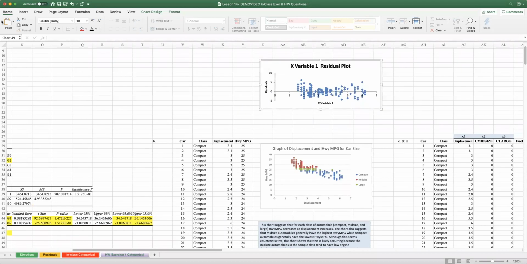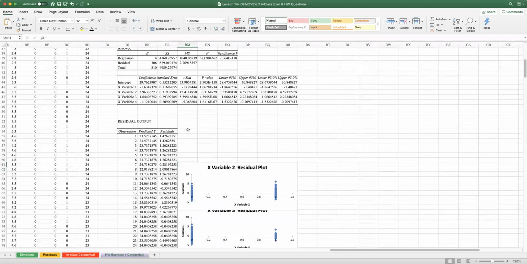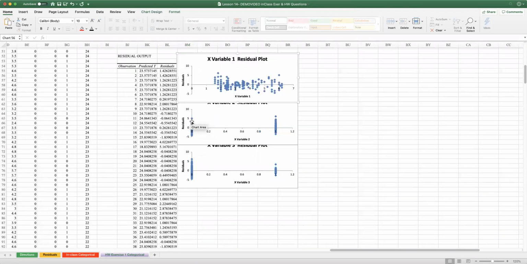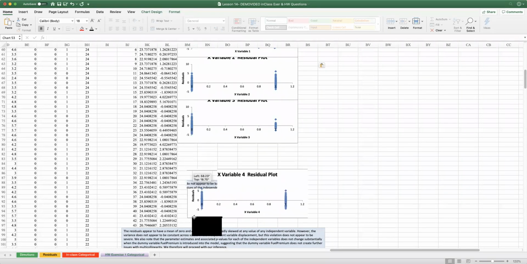Last one. Okay, let's get these squared away. Pull this down and over a little bit.